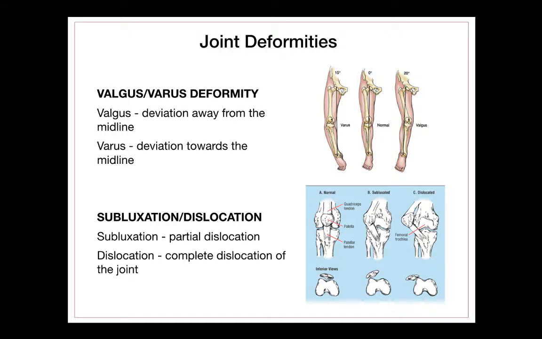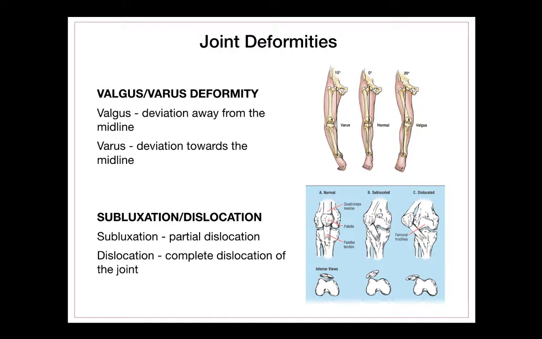It's actually to do with the rotation of the femur, and then the resulting abnormality, which you can see at the knees. And then with subluxation and dislocation, subluxation is just a partial dislocation, whereas dislocation is complete. You can see in the picture of the knee, it's got the normal one, and then the subluxed patella is obviously out of place, but not completely disconnected.